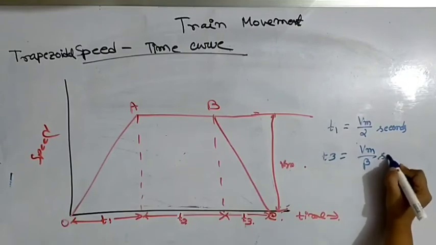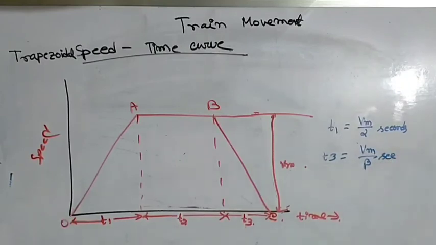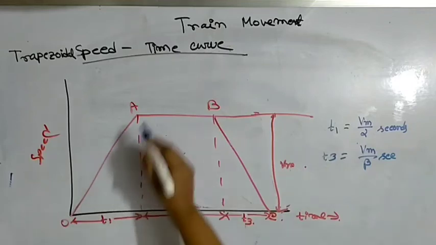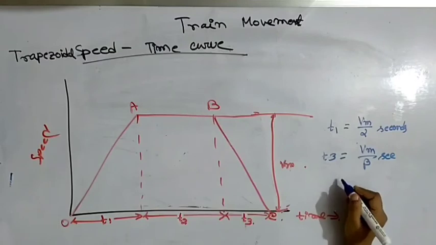What is beta? Beta is the retardation, in kilometer per hour per second. Now the total distance D is equal to the area of OABC.